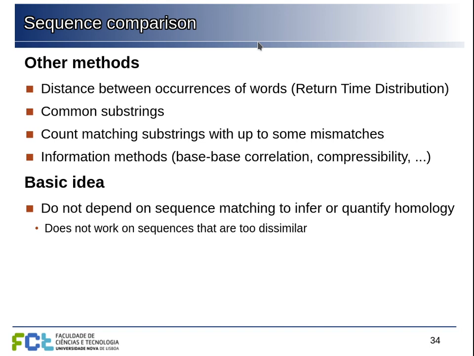Because if we try to match everything in order or align it, this only works if the sequences are similar. If they are too dissimilar, then we cannot use those methods. But these other methods that do not depend on alignment can still find common or statistically significant similarities between the sequences, even when we cannot align them because they are too different.